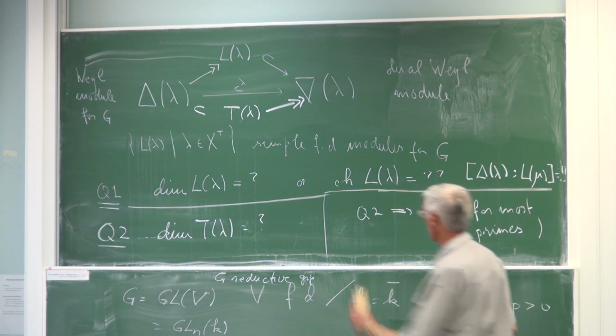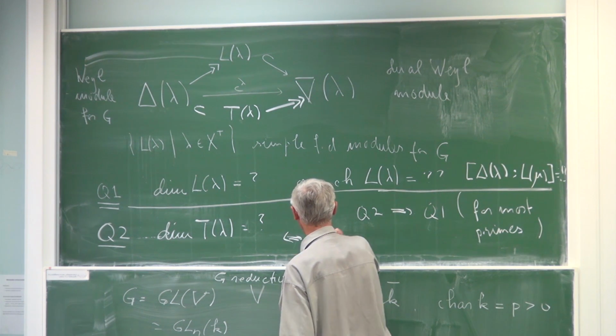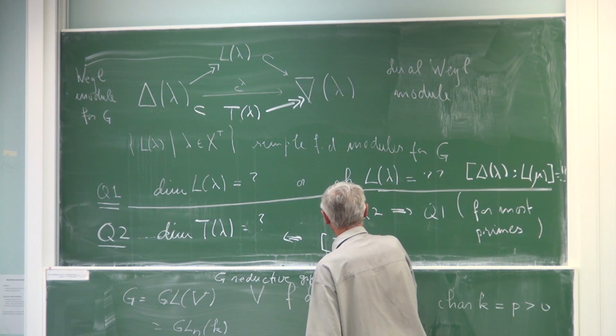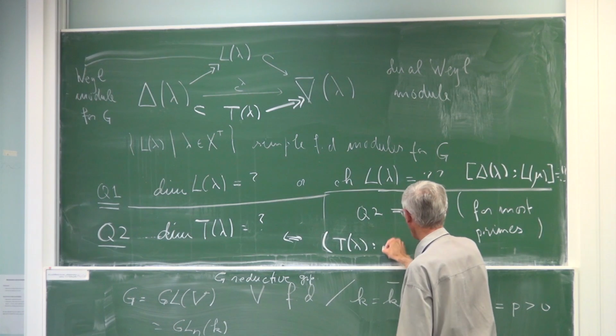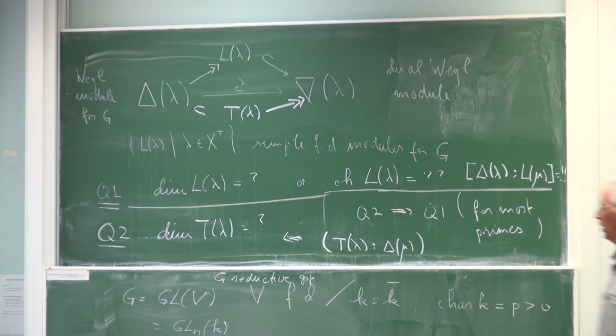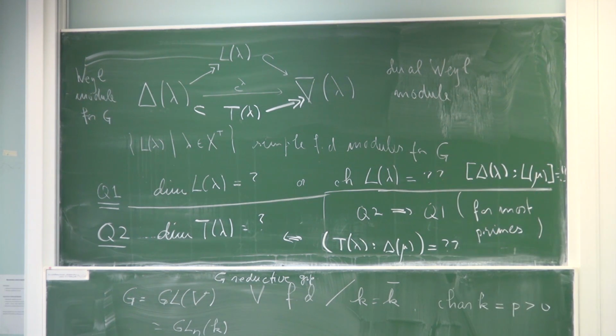Likewise, question 2 here is equivalent to finding the numbers (T lambda : delta mu). I decided to write a round bracket here. If you can find these numbers for all mu, then you have of course the knowledge you need of T lambda. So question 2 is also a question of finding these numbers.